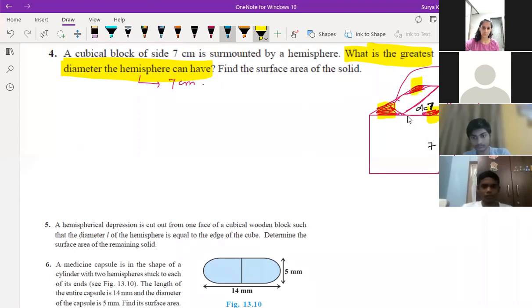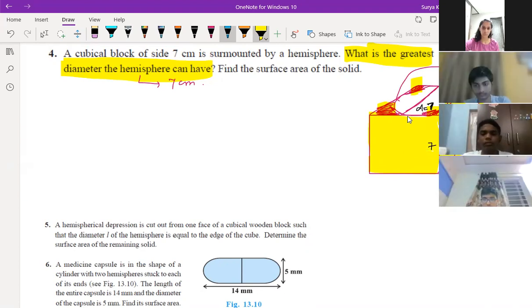You can touch the complete surface of all 5 sides, excluding the top, back, down, left, right, everything except the top part. So first you can write here what Samarth told, 5a square, area of the 5 sides.